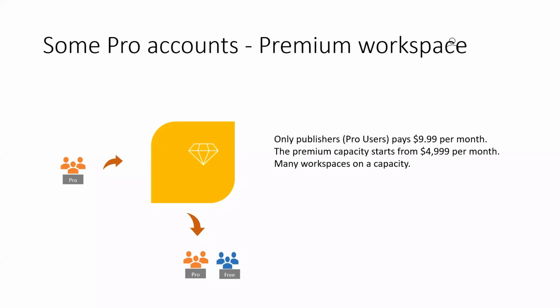On the other hand, if you're working with a larger company, you can have some people with a pro license and some people with a free license. In this scenario, you need to have that premium capacity, which starts from about $5,000 per month. Now, remember, you can have many workspaces on a capacity. Think of a capacity like a server and a workspace like a database. It's not quite the same thing, more like a shared folder on that server.